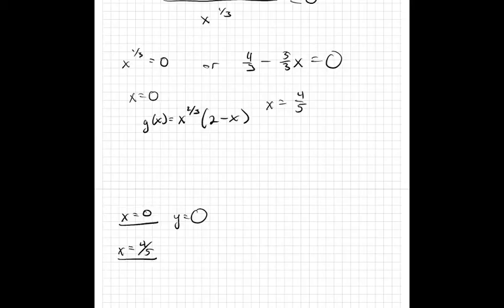So then g of 4 by 5 is going to be 4 by 5 to the power of 2/3 times 2 minus 4 by 5. I'm going to use my calculator to generate that number.